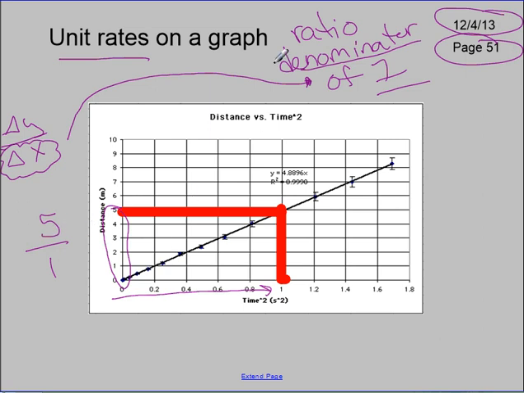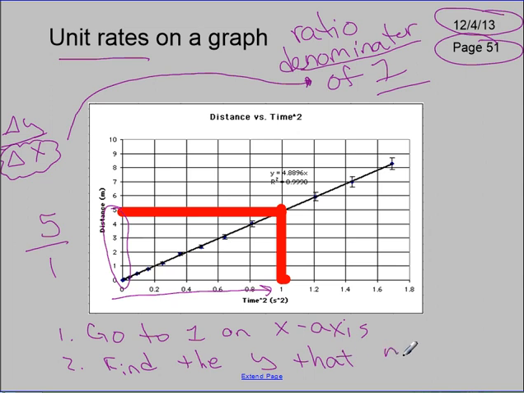So to find the unit rate on a graph, you first have to go to 1 on the x-axis, and then you have to find the y that matches with it.